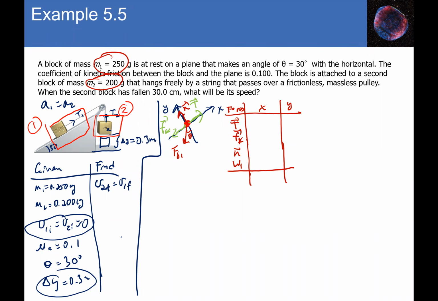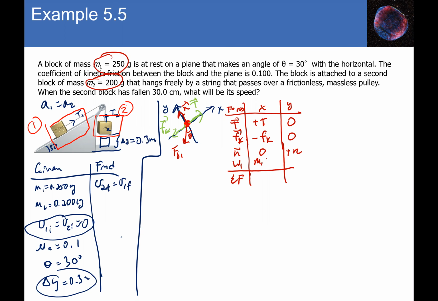Okay. So here's my net force. Let's look at tension. Well, tension is in the positive x direction. There's no y component. Friction, negative x direction, no y component. Normal force is up, no x component. And now weight. Well, for weight, I have this, right?